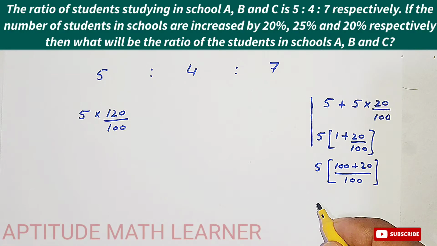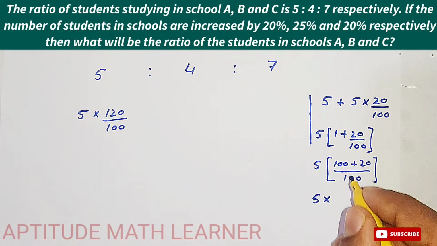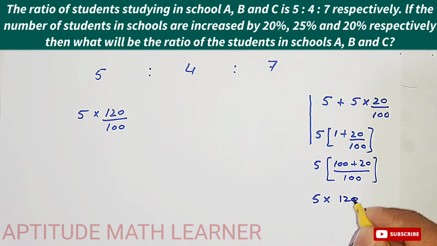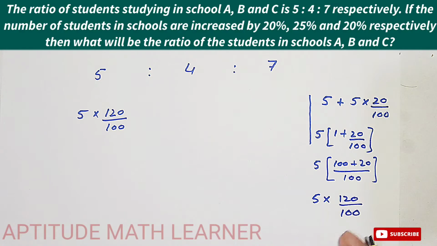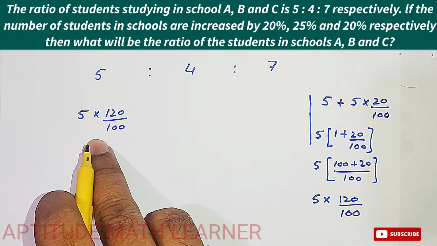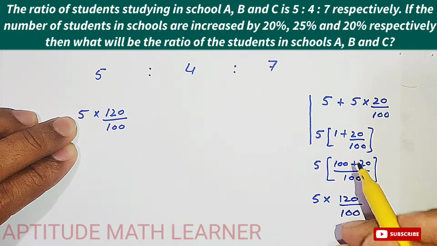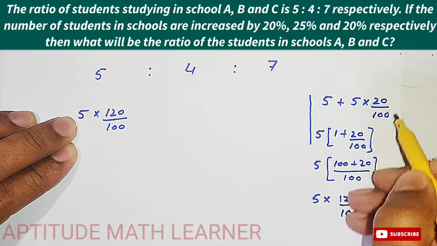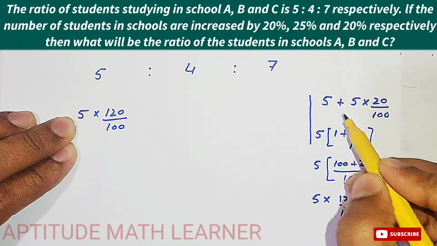So here we get 5 multiplied by 120 divided by 100. This is the same thing we have done: we have taken 20% of 5 and added it to the ratio 5.